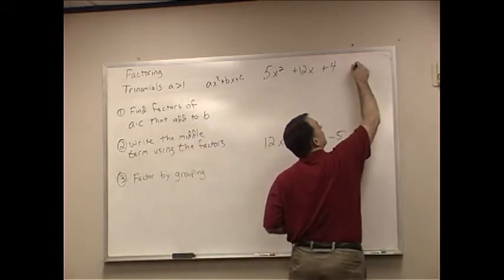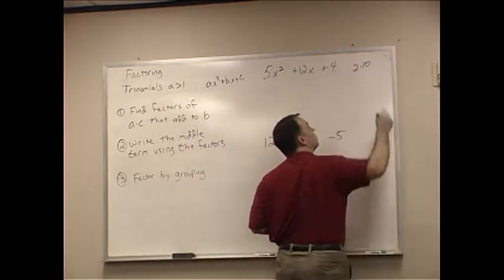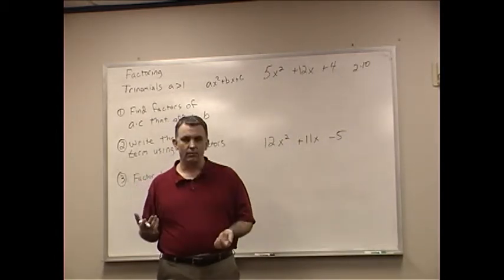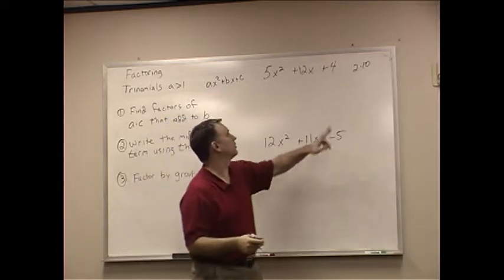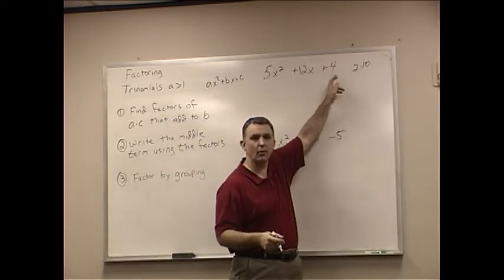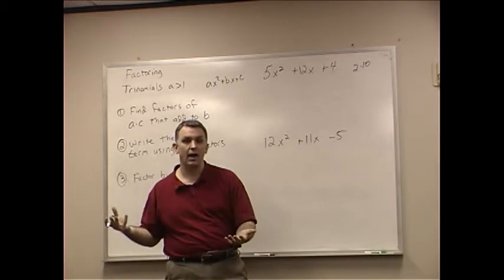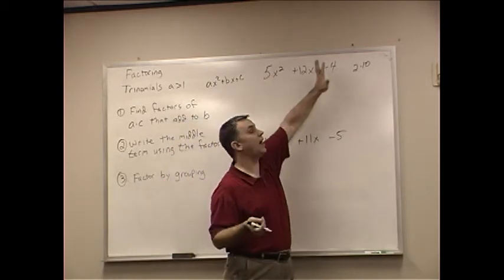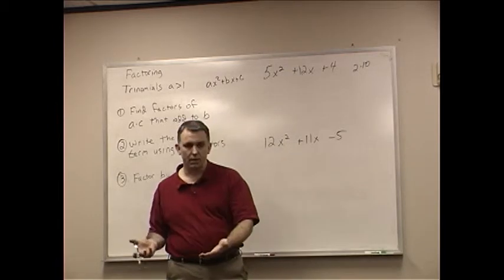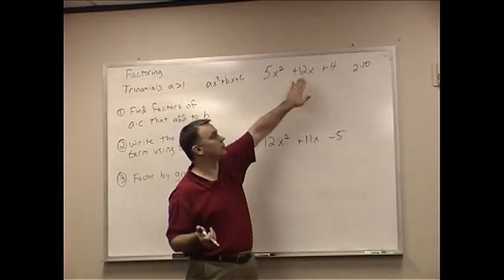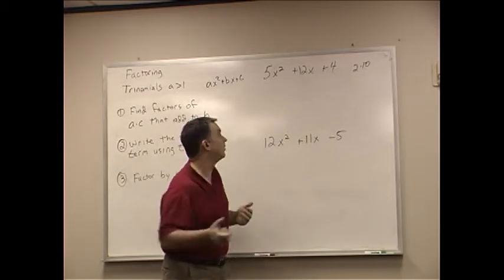Hopefully you'll work your way through, and eventually you'll come up with 2 times 10. 2 times 10 multiplies to be 20. Now, I know some of you are going crazy, but 2 times 10 is not 4. We're not doing it just for the c. Now we're doing it for a times c. It's 5 times 4. Multiplies to be 20. Adds to be the middle term, which is 12.